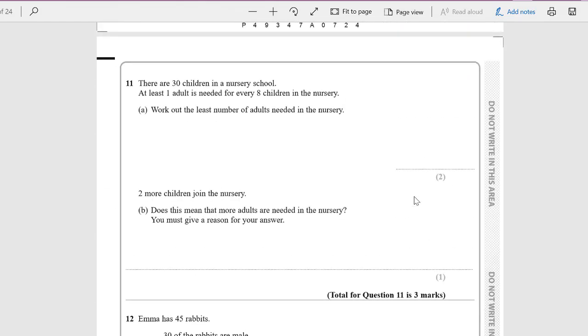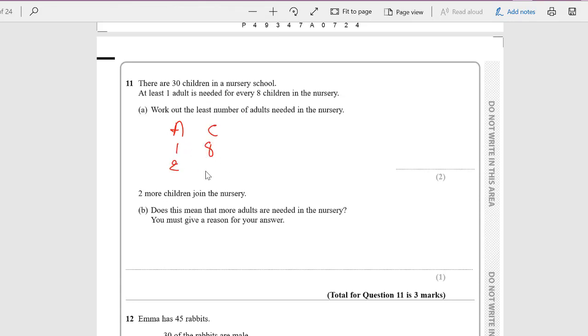Okay, question 11. So it says there are 30 children in a nursery. At least one adult is needed for every 8 children in the nursery. So work out the least number of adults needed in the nursery. Alright, so let's think about this. So there are 30 children in the nursery. So for every adult, you have 8 children.